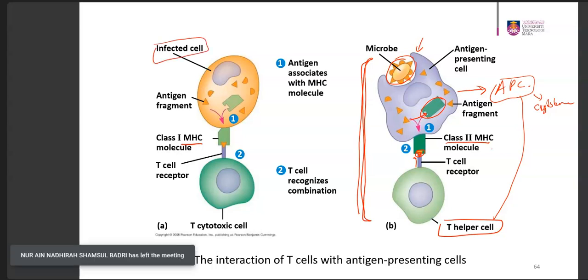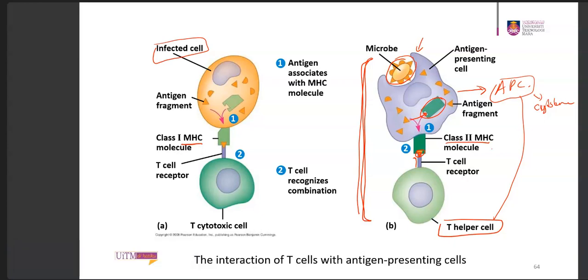So you have another type of major histocompatibility complex atau MHC, which is produced by infected body cells. Okay, infected body cells. So sel-sel lain awak ni dalam badan yang ada nukleus, okay, when it is infected by the virus masuk dalam sel badan awak. So the virus will be fragmentized into fragments, into antigens, and then your body cell will produce class 1 MHC.